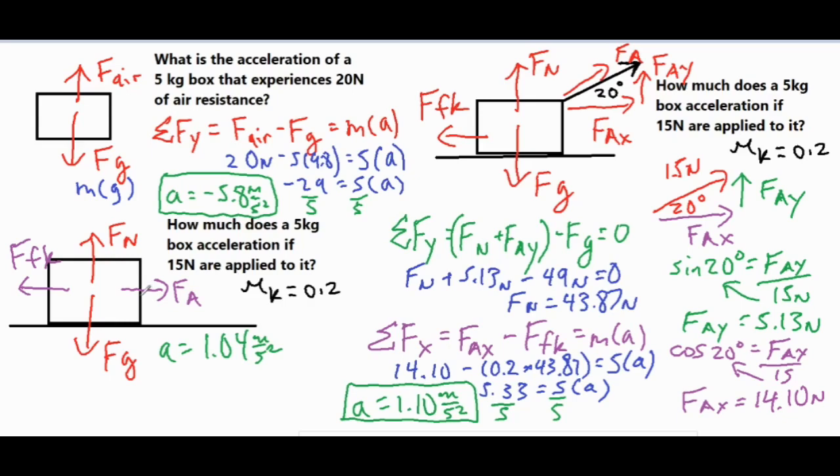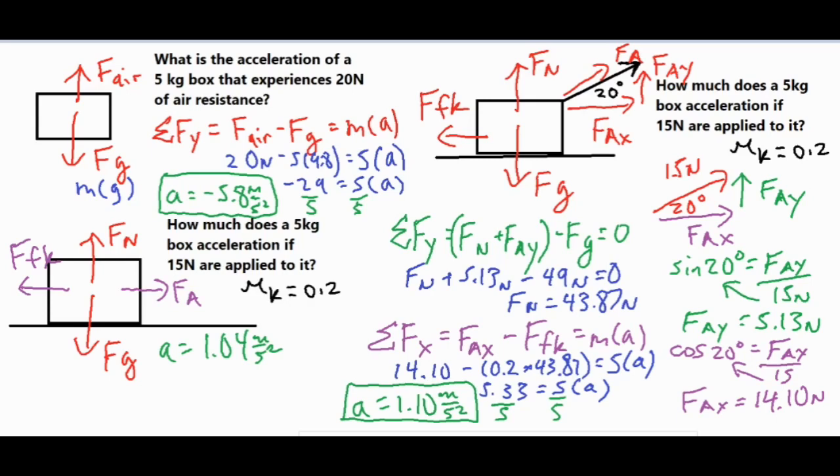So this is a 5 kilogram mass being pulled with 15. And you might be wondering, well, if the FAX, the part that's making it slide, is getting broken up a little bit into our FAX and FAY components, why would it accelerate at a greater rate? And that's because it decreases the friction.